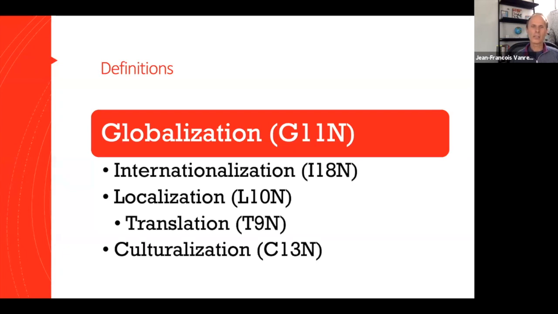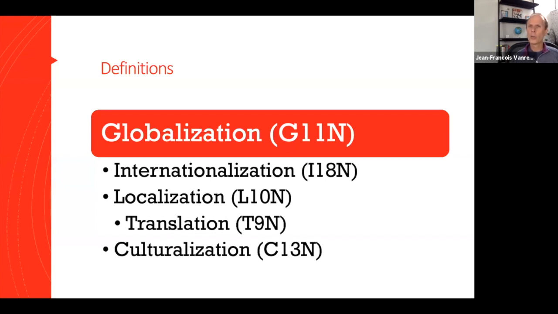Globalization really is the overarching exercise of bringing your business or your product global, crossing all the borders and trying to see how you can penetrate all those different markets around the world.